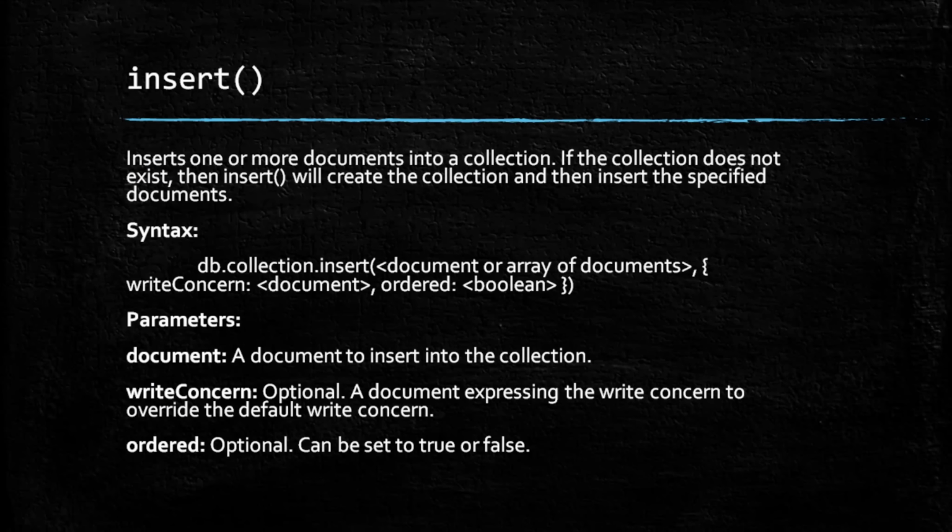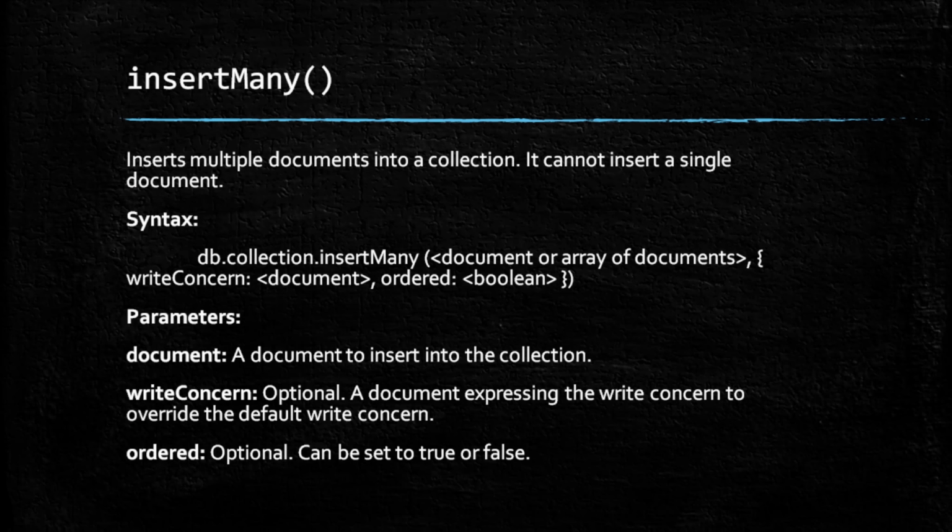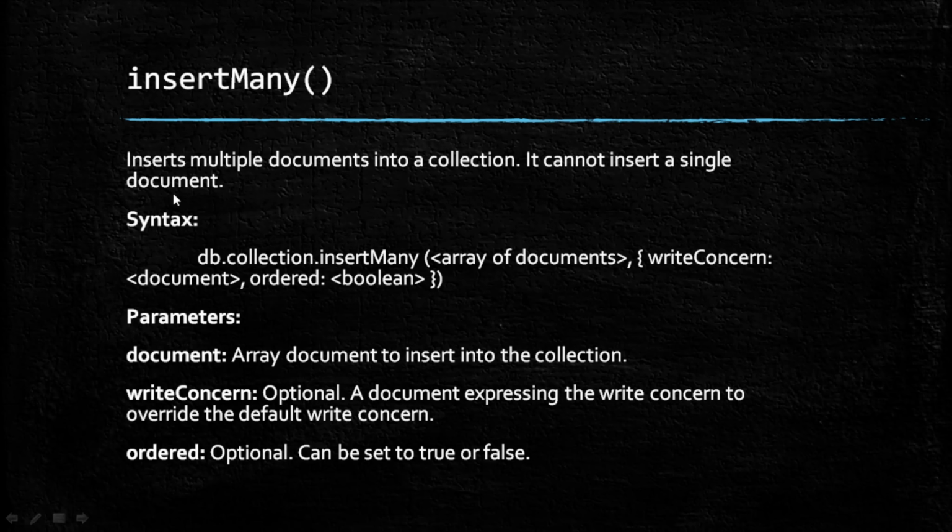Now we will move to our slide to understand the last method, InsertMany. It inserts multiple documents into a collection. It cannot insert a single document. Syntax: it is almost similar to the insert method, but the first parameter only allows an array of documents. So db.collection, that is our collection name, then the method InsertMany, and the first parameter is an array of documents.